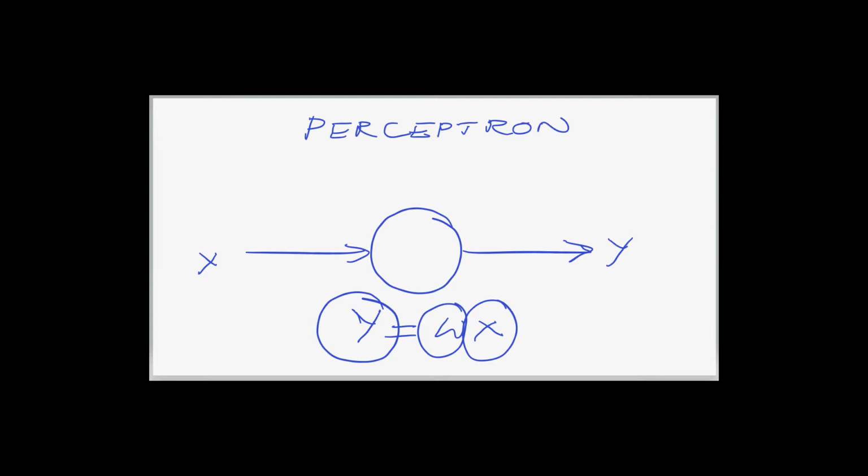Now we all know from linear algebra this represents a straight line passing through the origin with a slope of w.